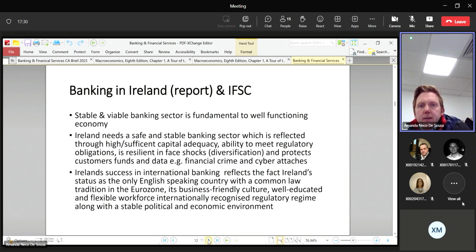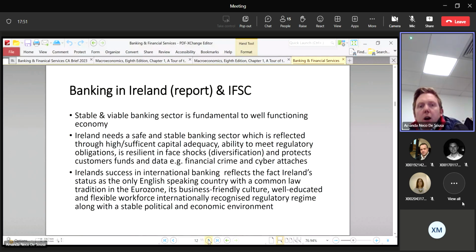Ireland needs a safe and stable banking sector, which is reflected through high and sufficient capital adequacy. It has to have a banking sector which has an ability to meet its regulatory obligations and is resilient in the face of shocks. And the banking system also needs to be able to protect consumers' funds and data.